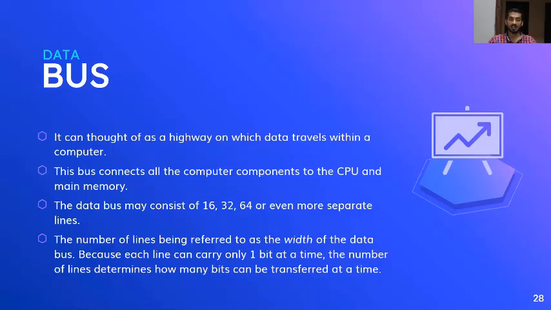The number of lines is the width of the data bus, because each line can carry only one bit at a time. The number of lines determines how many bits can be transferred at a time. So a single bus line can hold one bit of information.